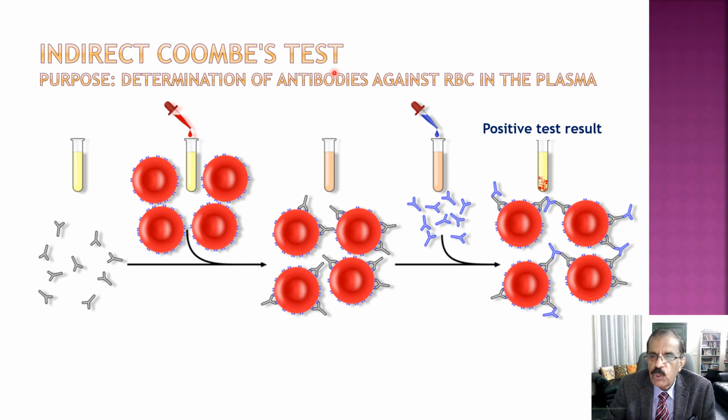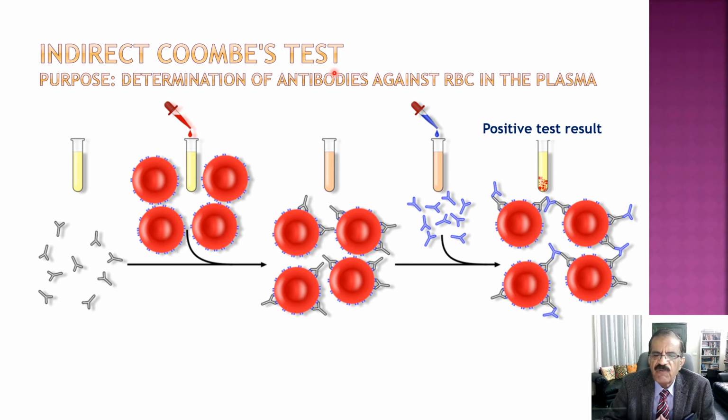But there is a situation where you may have just the indirect test positive. If the mother is rhesus negative and the father is rhesus positive, then the fetus may be rhesus positive. Now these positive cells will go to the mother. This is called feto-maternal circulation.